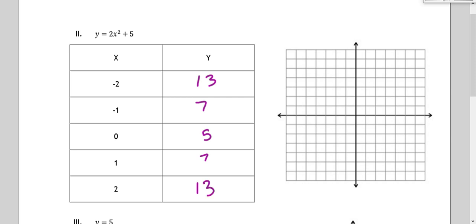I'm going to make my scale go up by 2s. So this will be 1, 3, 5. No, it's literally just going up by 1s. Sorry, guys. So this will be 2, 4, 6, 8.